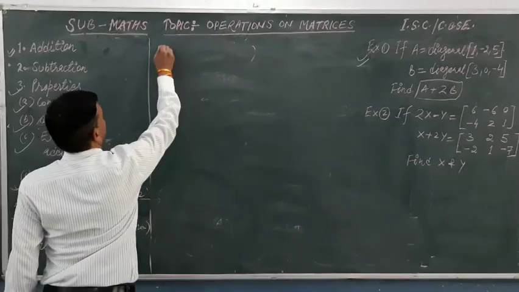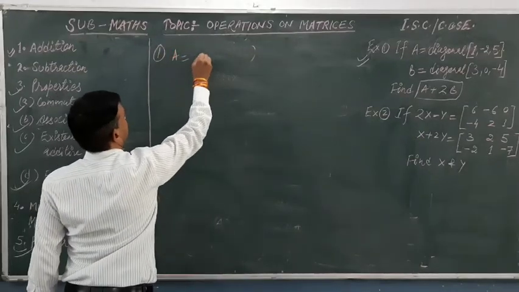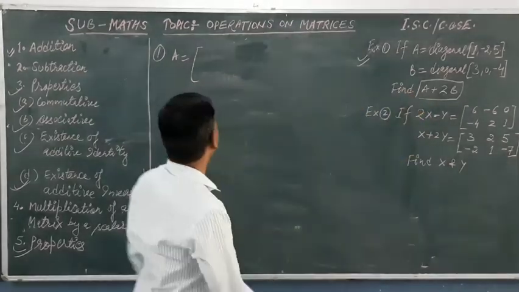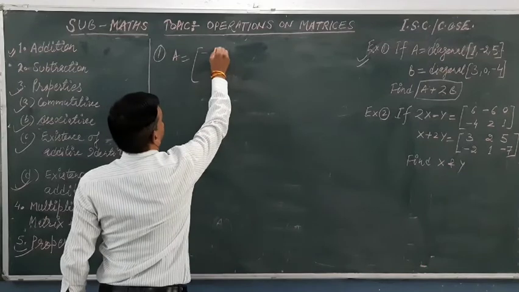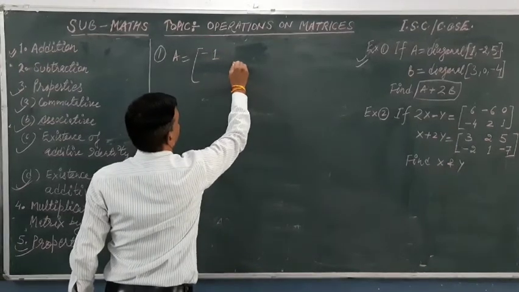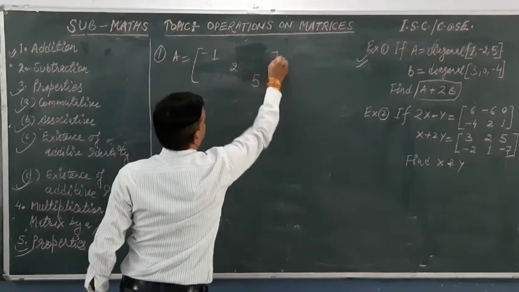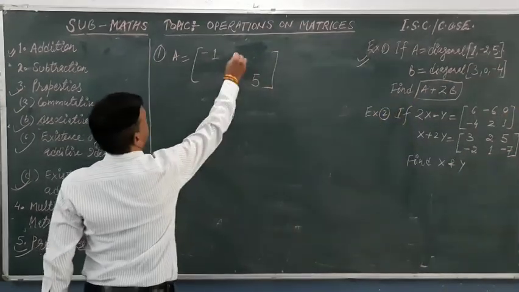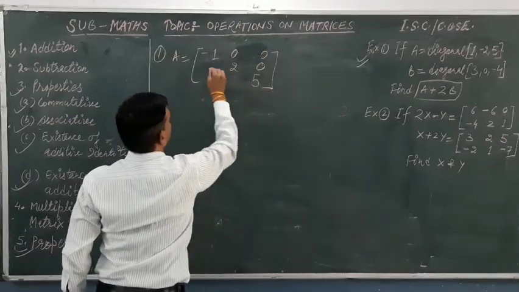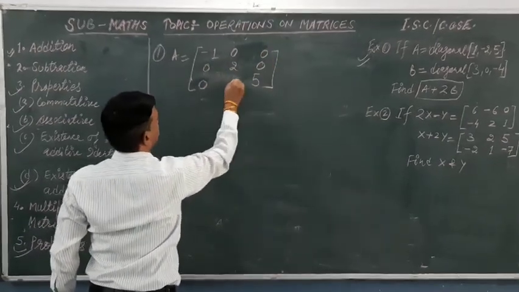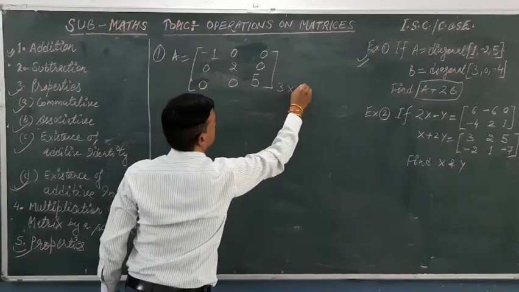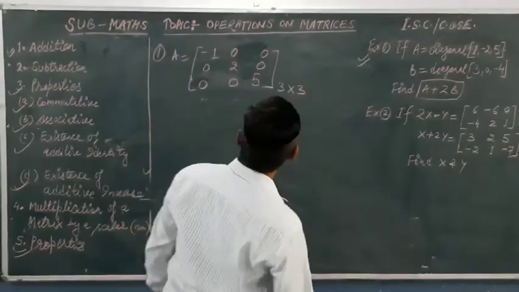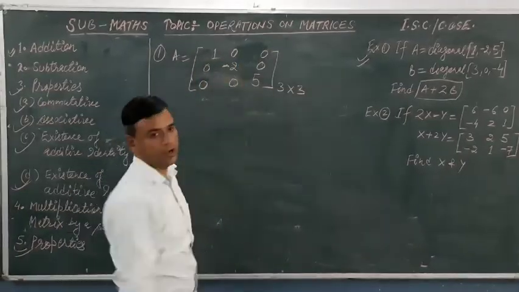So matrix A has diagonal elements 1, -2 and 5, and the rest of the elements are 0. This is a 3 by 3 diagonal matrix.